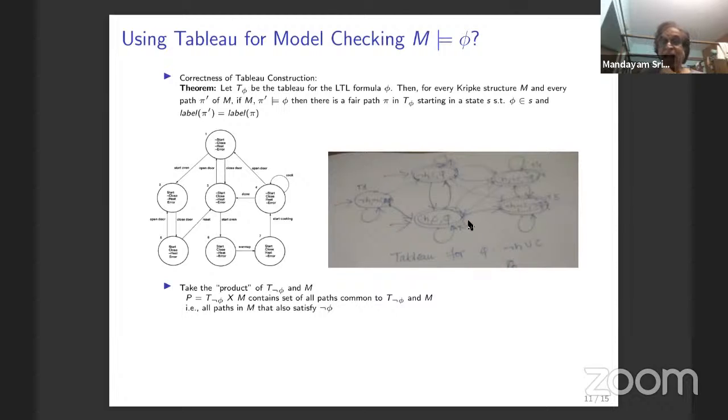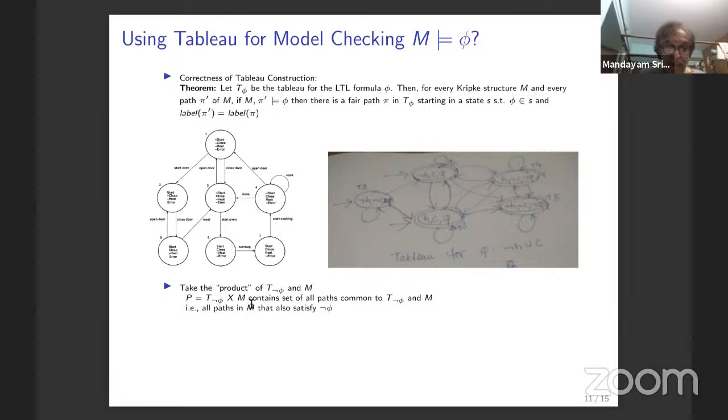Then, once you construct T of not phi, you take the product of T of not phi and M. I'll formally define what taking the product means, but intuitively you understand it is very much like taking products of automata. Those transition systems in some ways can be considered as infinite automata.